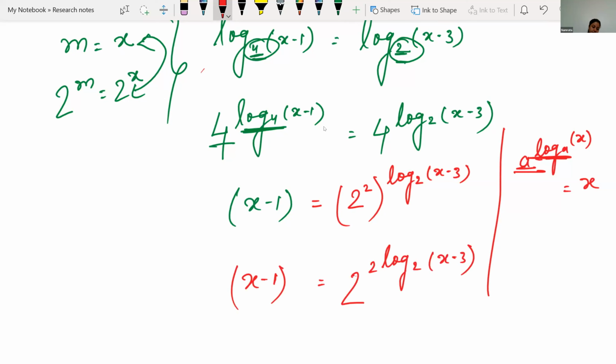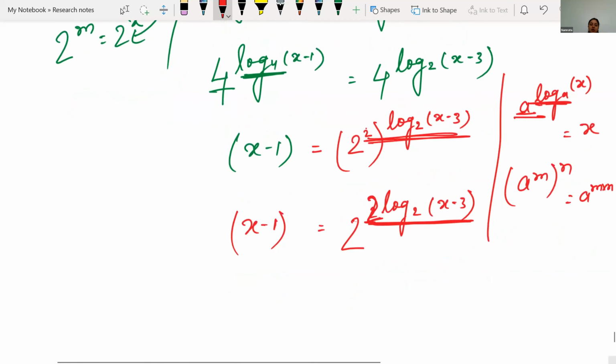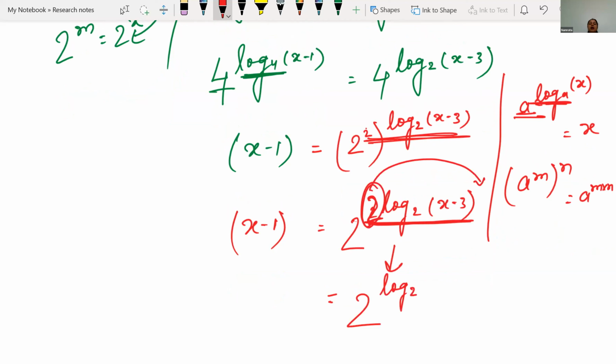Yes, ma'am. So here we have just done the multiplication, like a to the power m to the power n is equal to a to the power m times n. That's what we have done with this 2. So on the left hand side, whatever we are having, let's keep it as it is, and here we will be having 2 to the power log 2, and whatever is in front we can also write as a power, right?